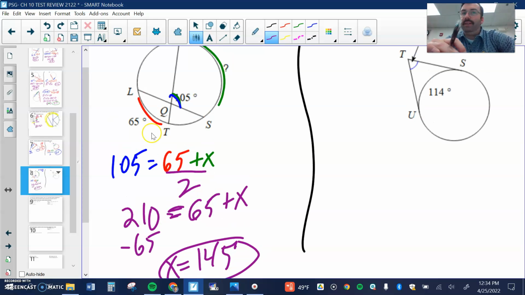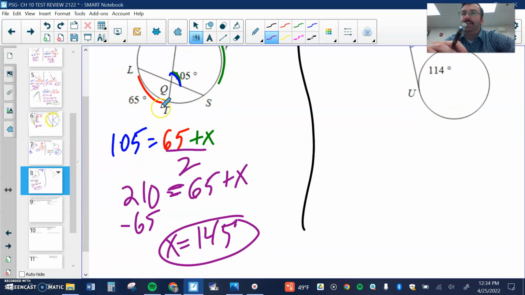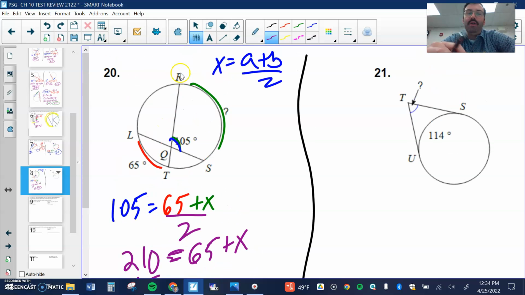You don't even really need an equation if you just think about the logic behind it. If I add these two arcs, the red and the green together, and then divide by 2, I have to get the 105. Well, if I multiply 105 times 2, I get 210. I know that red plus green has to be 210. So I just subtract 65 from it.